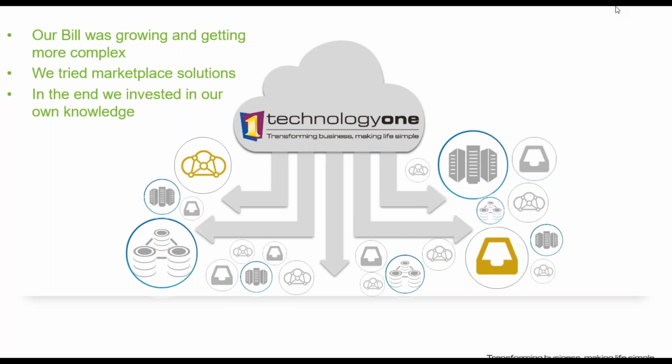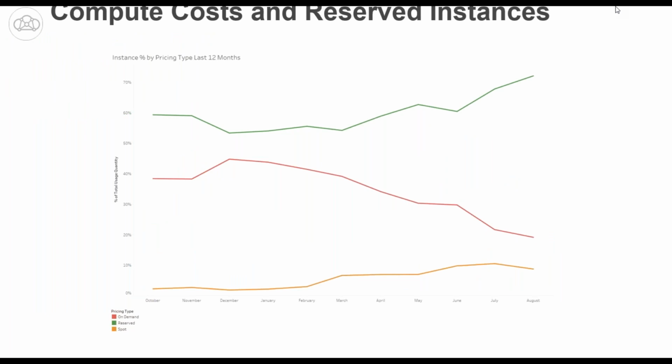So in the end, we decided to invest in our own knowledge. We knew what we wanted from our billing details. We knew it was all in there, and we just had to figure out a way to farm it. And so that's what we did. It started with some really simple KPIs, such as using data as evidence for our exec team. They're doing something versus doing nothing.